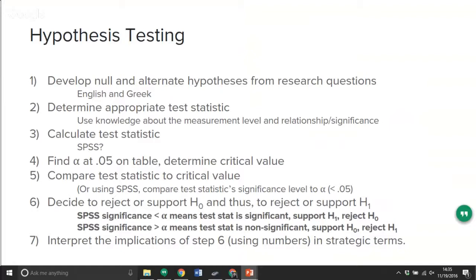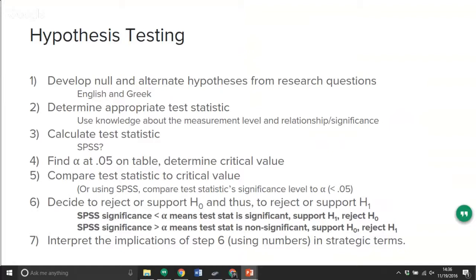Okay? Remember, we want to test the null hypothesis to see if there's nothing going on, but that's a boring hypothesis. We want to see that something is going on, that there is a relationship between ad spending and sales, that ad spending does increase sales, that there is a difference between the amount of ads spent on television versus the amount of ads spent on internet radio and their impact on sales.